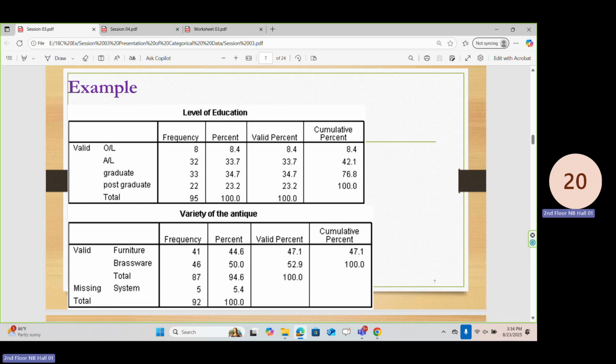It means we distributed 92 questionnaires to respondents, but only 87 respondents completed this question. Five are missing, so 5 respondents didn't select an answer for this particular question. That is the meaning of missing and total. Here the valid responses are only 87. In total we have 92 data sets, but this question is missing 5 responses.